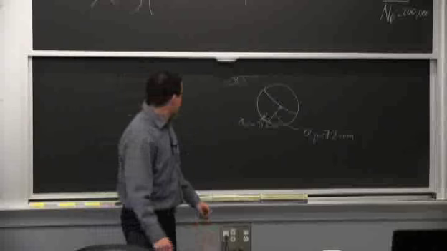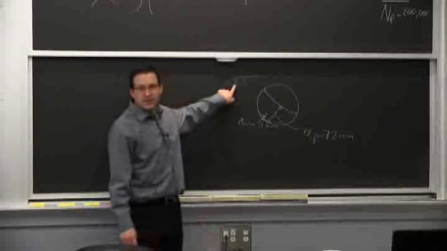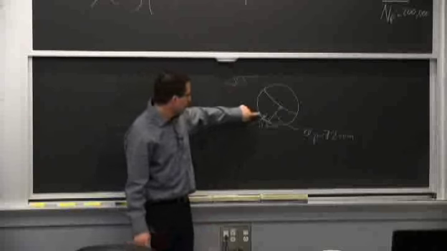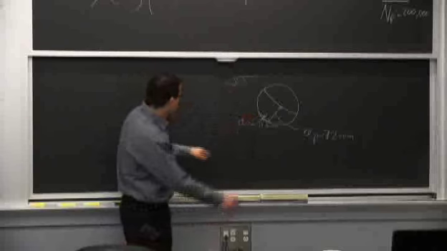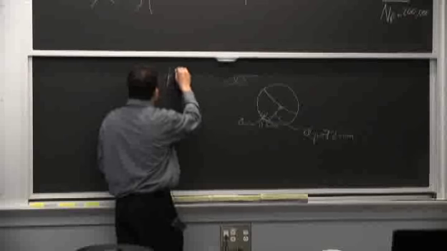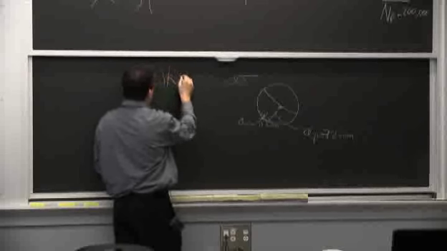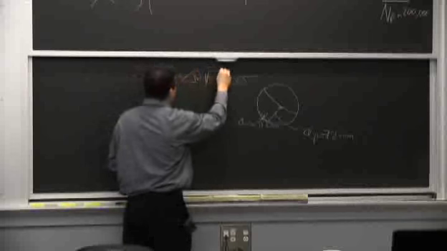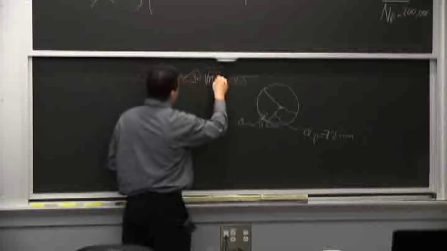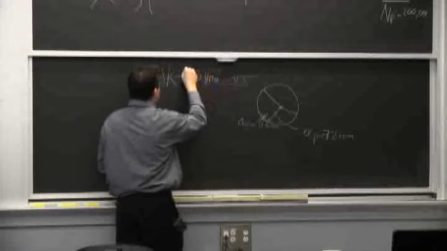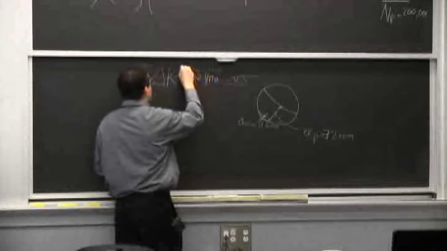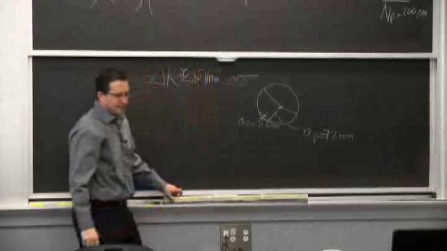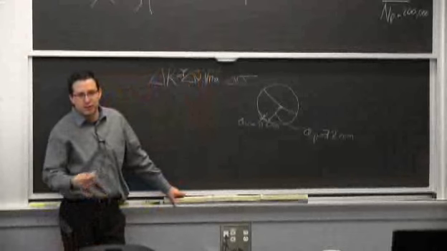So if this load is the same, and we start here, and we know that K, now we're going to use delta K. It's a variation. It is delta sigma square root of pi a, times Y. I'll put a Y here for a constant that will depend on geometry.